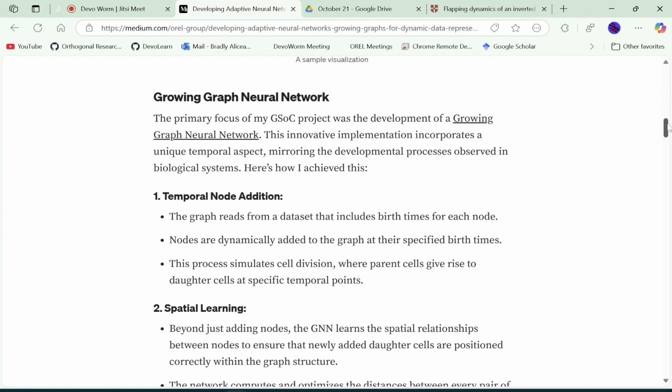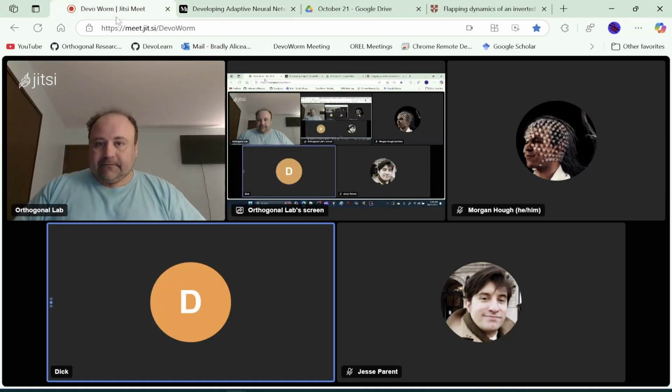Bradley, a minor correction. In the differentiation tree, we refer to each intermediate cell type as if it is differentiated.